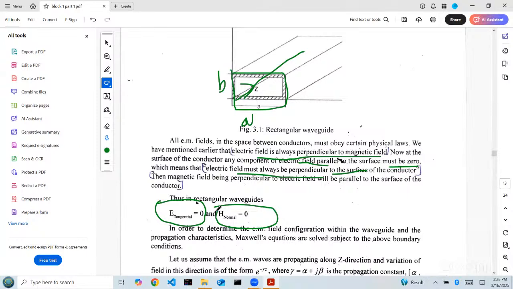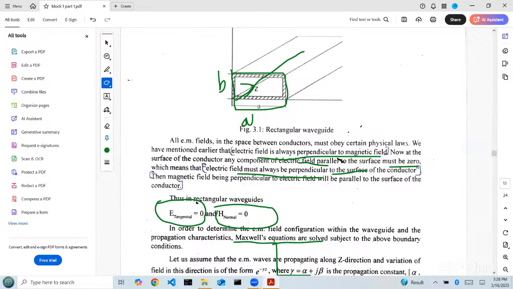Now we have to simplify this electric field and magnetic field with the help of Maxwell's equations. That is given in the next paragraph. What is mentioned here? Maxwell's equations are used to determine the electric field and magnetic field. We are using Maxwell's equations.